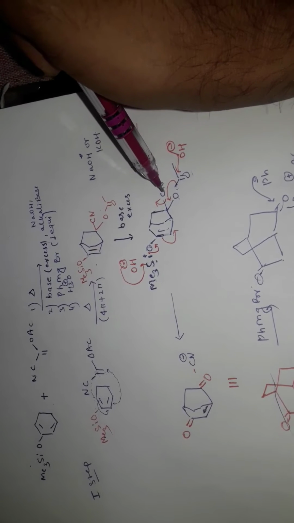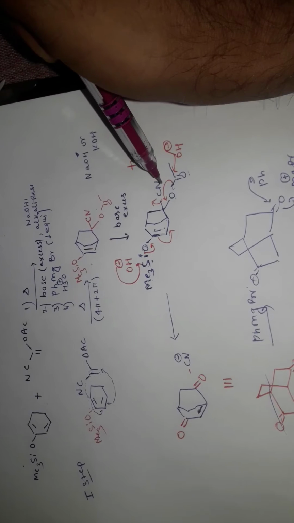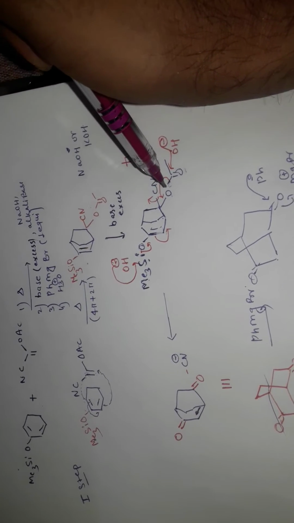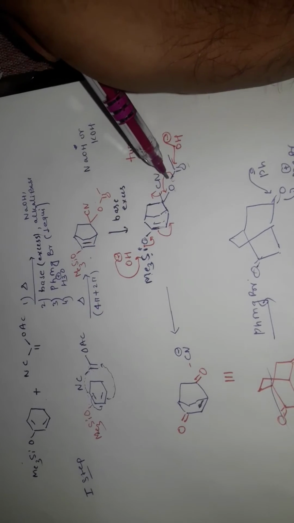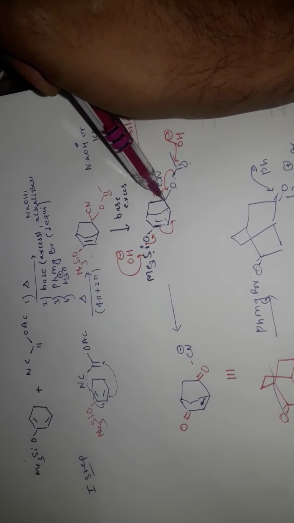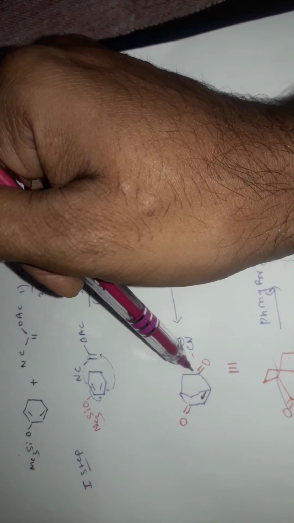After that, what happened, this CN will act like a leaving group. Okay, so CN will be removed in the reaction medium. So it is the overall reaction, and here it also forms a new CO carbonyl bond. So this new CO group is here.